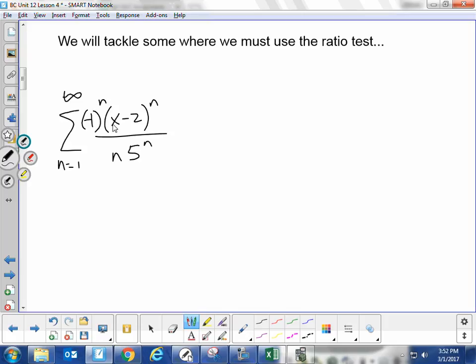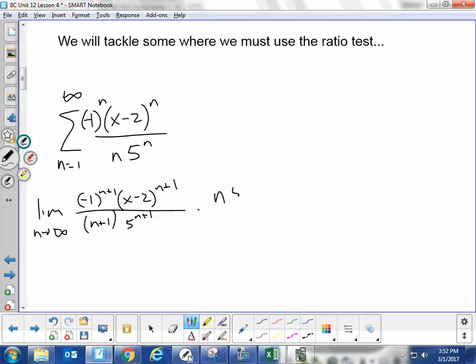And the ratio test says this is going to converge when the limit as n approaches infinity of the stuff to the n plus 1 divided by the stuff to the n, which is the same as multiplying by the reciprocal of the stuff to the n, and this absolute value, if that is less than 1, it will converge.